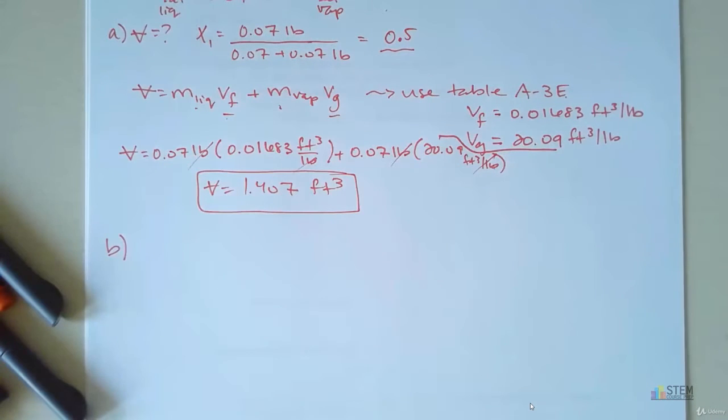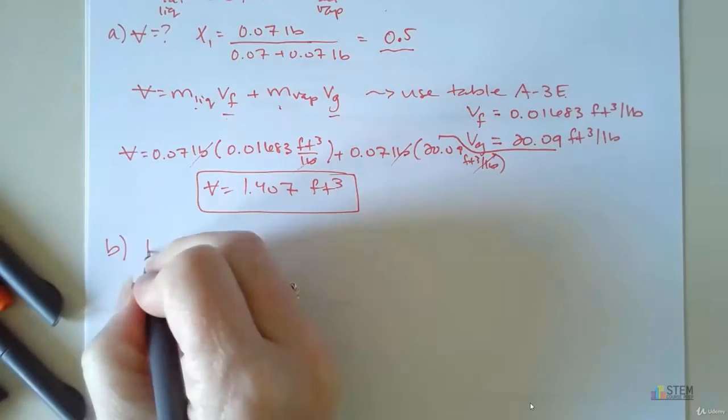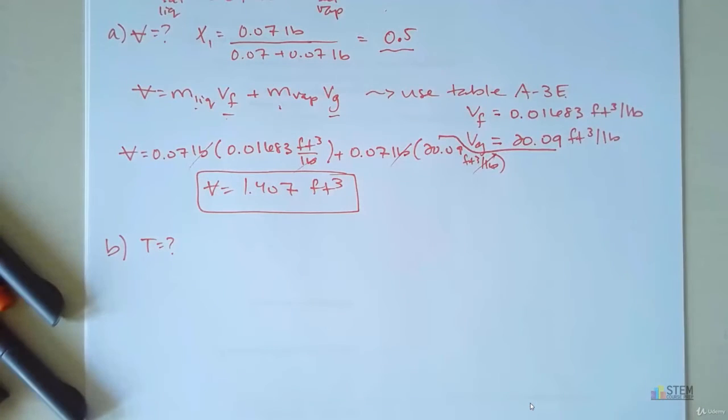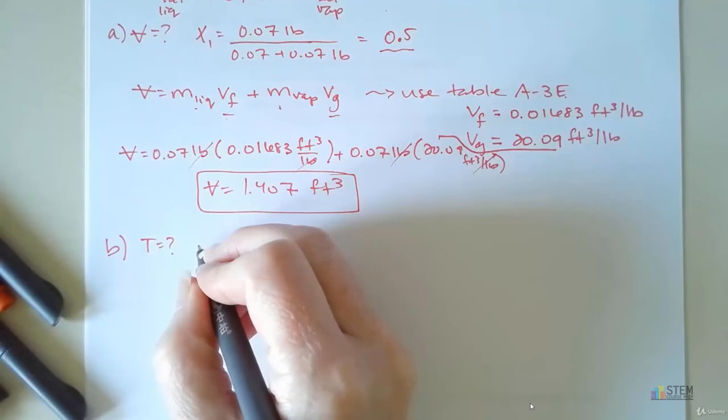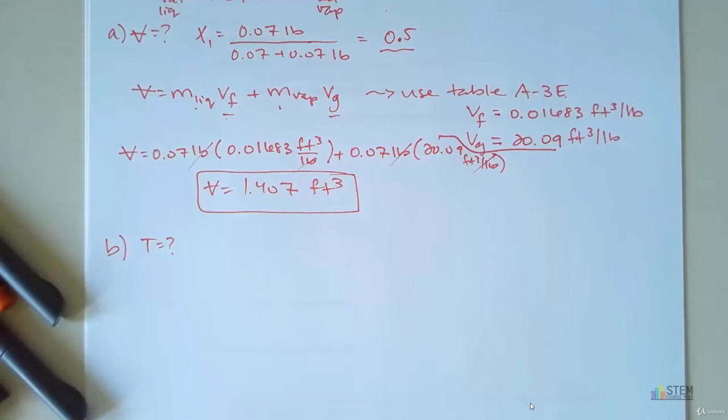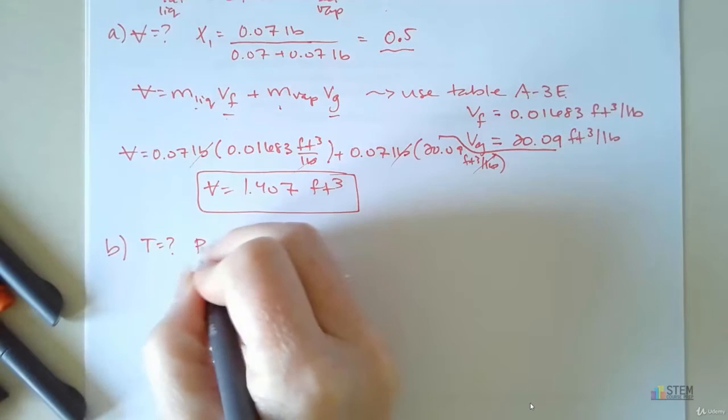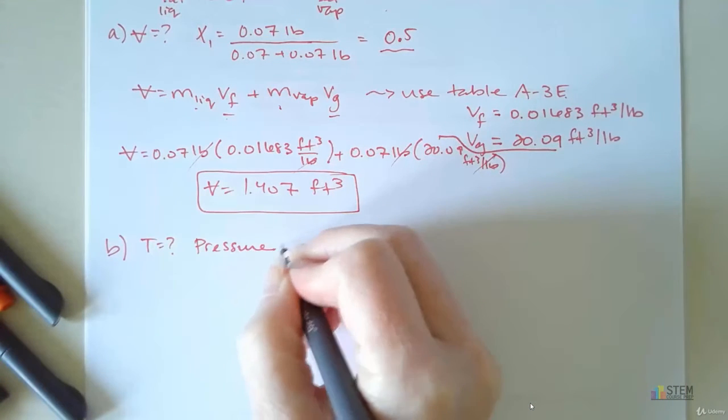So our initial temperature, what we want to do is pay attention to the fact that initially our pressure is given, because we were told that initially we had a two-phase liquid vapor mixture at 20 psi. Alright, so pressure is known.